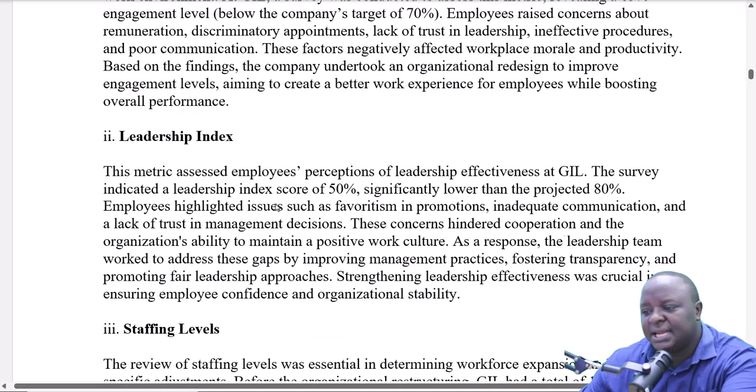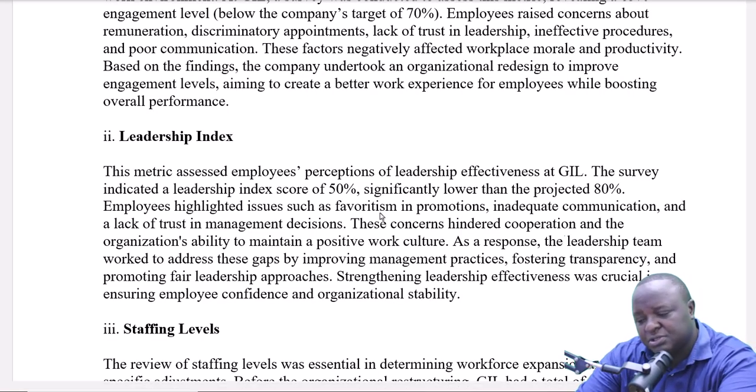Employees highlighted issues such as favoritism in promotions, which means the people who got promotions were not justified to receive those positions. There was inadequate communication, so employees were not getting information. There were no meetings being held, so sometimes employees were working in the dark.